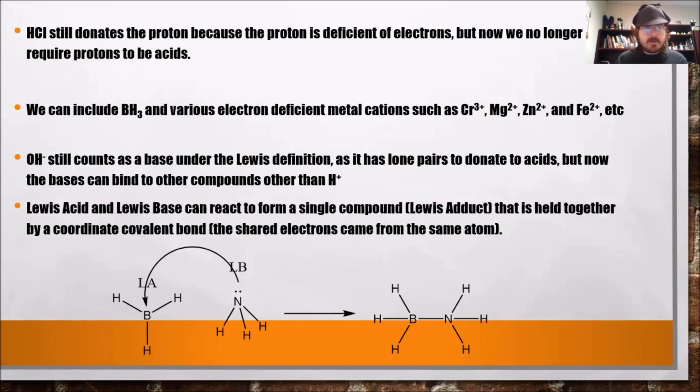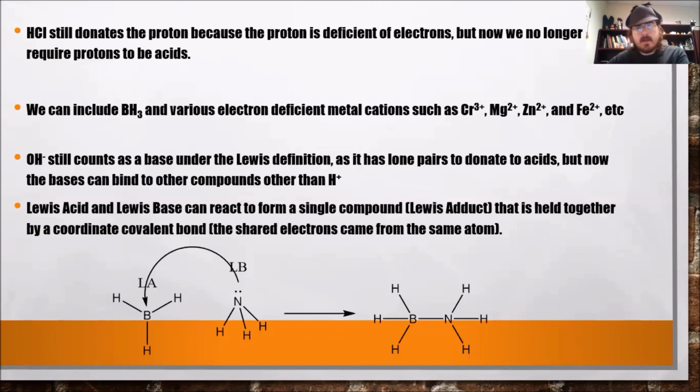For those who have to take organic in a semester or so, Lewis acid and Lewis base is something you really want to understand because you'll hear words like electrophiles and nucleophiles. Nucleophile is just a fancy way of saying a Lewis base. Electrophile is just a fancy way of saying a Lewis acid. Electrophile is something that likes electrons.